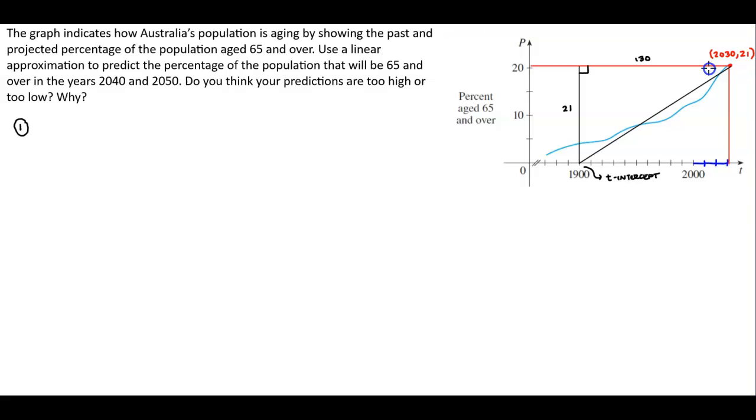The linearization, L of t, is going to equal P of a plus P prime of a times t minus a. We know that the ordered pair is 2030 and 21, so we're going to let a equal 2030.